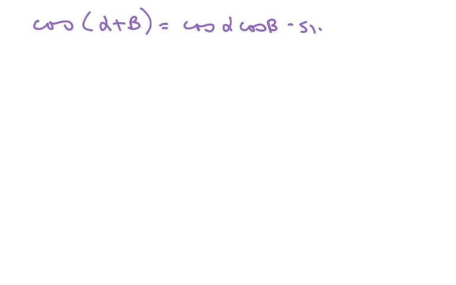Now the next one they want is cosine of alpha plus beta. So cosine of alpha plus beta equals cosine of alpha, cosine of beta, minus sine of alpha, sine of beta, and just plug everything in.